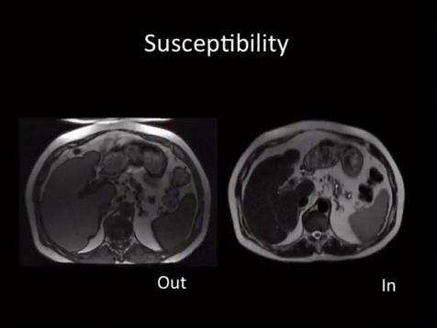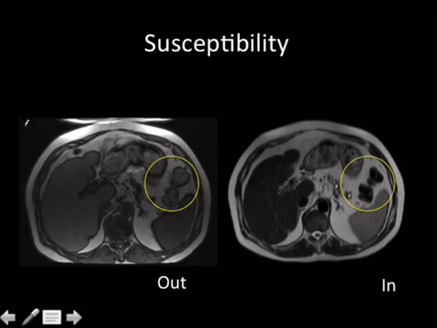So sort of on that same theme, let's talk about susceptibility, which is this idea that you've got something that's creating an inhomogeneous local field. Point out that here we've got out-of-phase imaging, which, remember, occurs first, and then in-phase imaging, which occurs second, and then out-of-phase, and then in-phase. If we're starting at time point 1, this, and then this, 2.2 milliseconds, 4.4 milliseconds here.